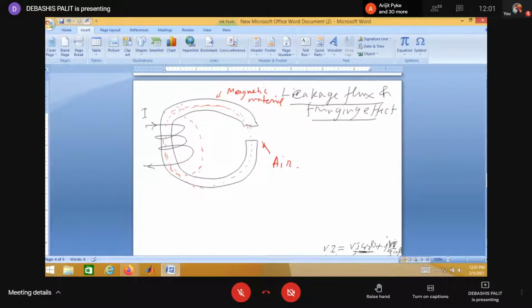But actually, the flux that passes through the air gap is your useful flux. And this is your magnetic circuit. But this is your leakage flux.